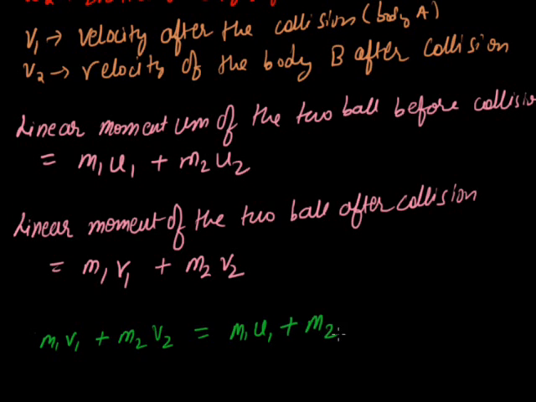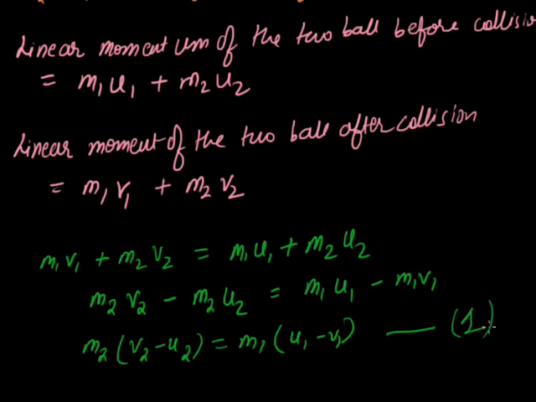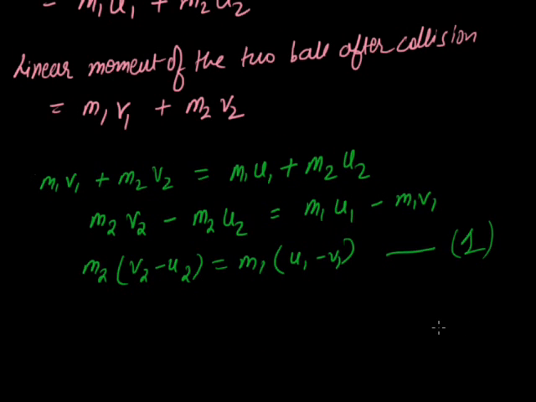Further, m2 v2 minus m2 u2 equals m1 u1 minus m1 v1, which can be written as m2 (v2 minus u2) equals m1 (u1 minus v1). This is our equation number one, by the principle of conservation of linear momentum.